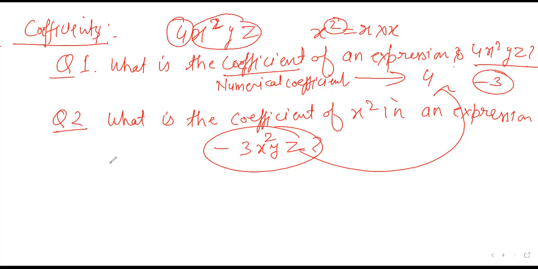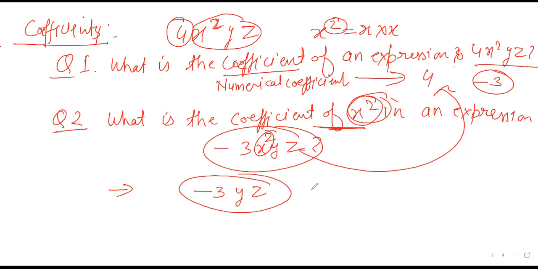But if the question asks what is the coefficient of x square in an expression, this one, यहाँ पर क्या पूछा था, केवल कोएफिशिएंट पूछा है एक्सप्रेशन का, that means numerical number. Here it is talking about the coefficient of something in an expression, यानी कि x square का कोएफिशिएंट पूछा है, that means in the expression, whatever is written except the given thing, that means it was talking about the coefficient of x square, so you have to remove just this thing and write the remaining thing.